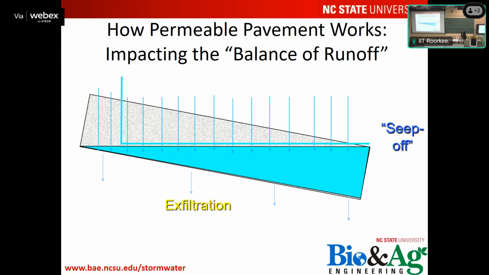So let's say it has rained 15 millimeters and all of a sudden your pavement cross section is full. What can you as a designer do to have it store 25 millimeters or 30 millimeters of rainfall? What can you do?